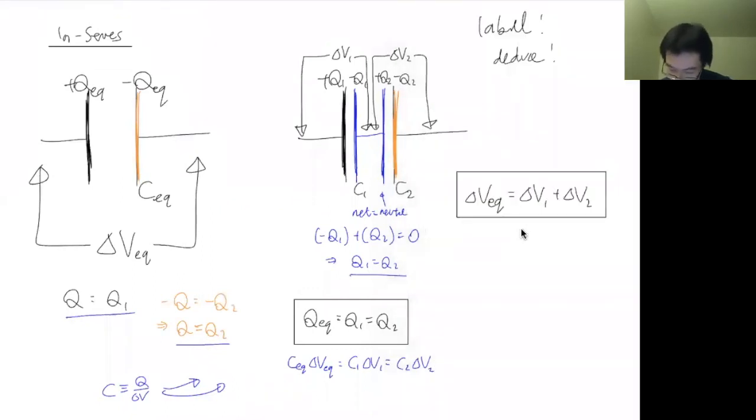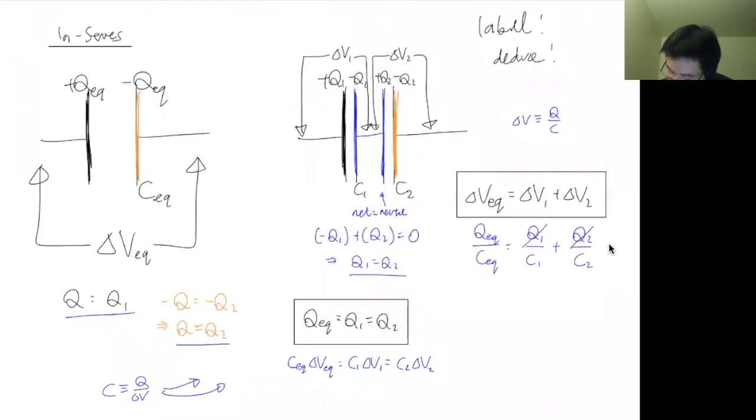What do I get? I need to plug in delta V, so let me rearrange. Delta V is Q over C, all right, good. So we have Q_eq over C_eq, and Q1 over C1, Q2 over C2. And then we also see that all the Q's are the same, so they can actually cancel.